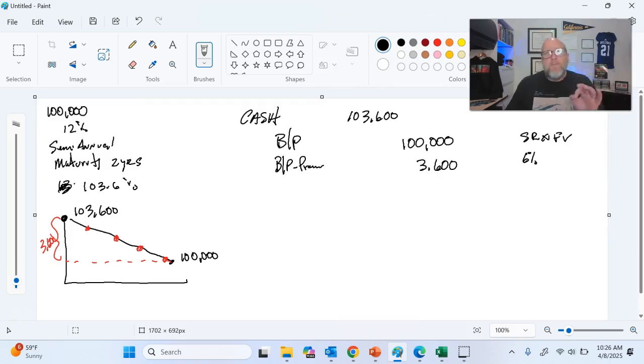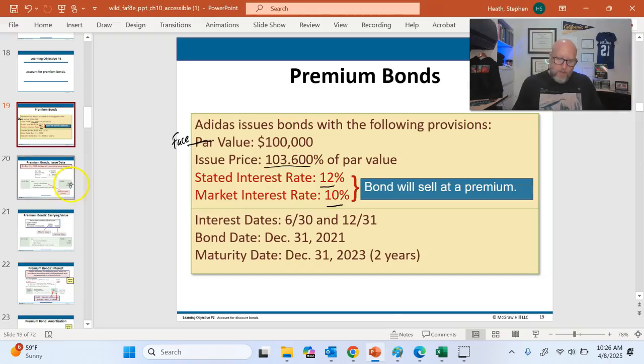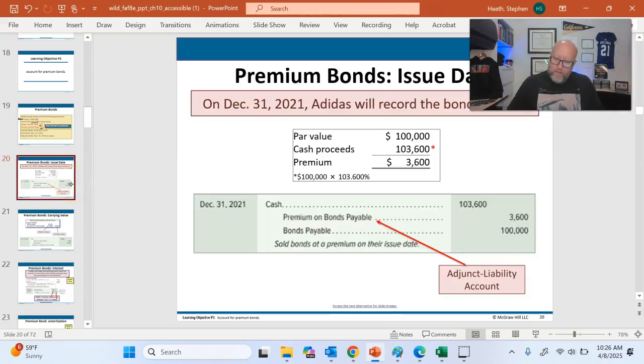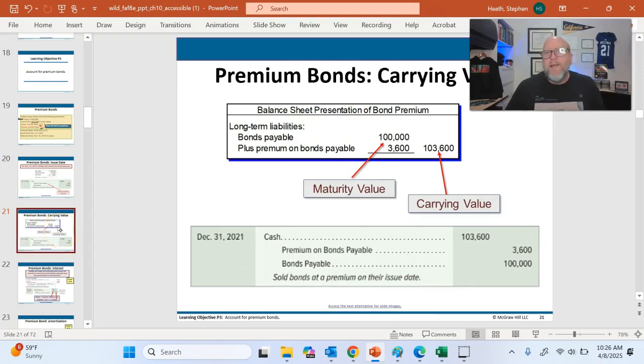That's the 12% annual rate divided by 2 since it's twice a year, and the face value is 100,000, and therefore the payment is going to be 6,000. Am I doing the math right? Actually, wrong slide, sorry. I am doing it right.